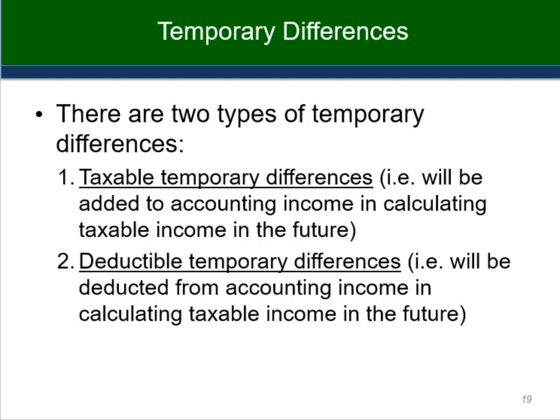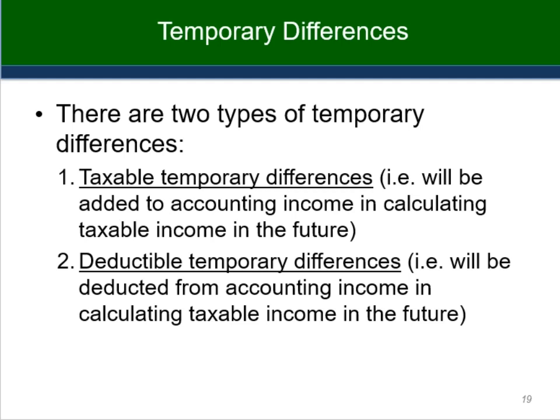So, two types of temporary differences. Taxable temporary differences are things that will be added to accounting income. So it's basically advancing the recording of revenue or reducing the effect of expenses.